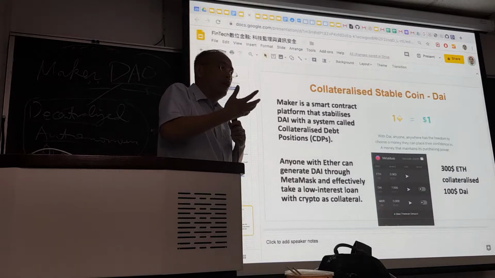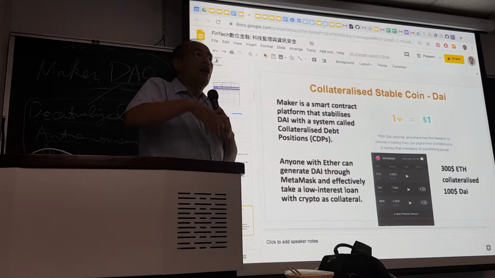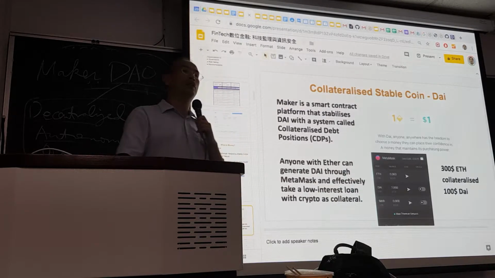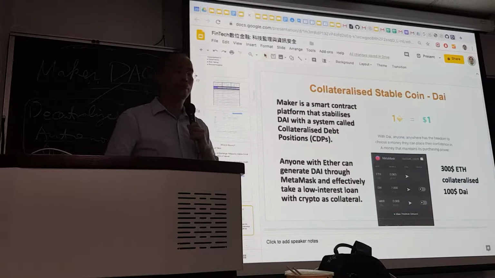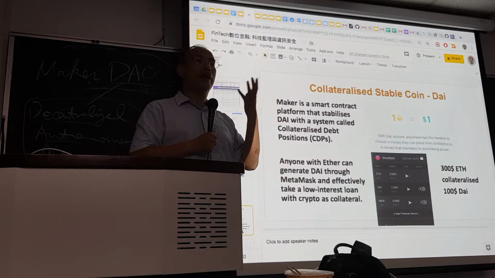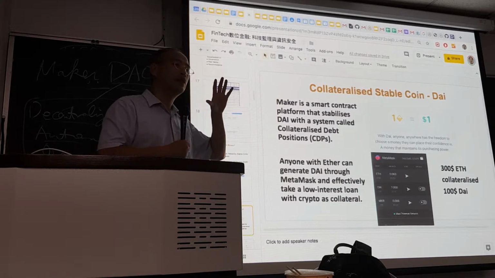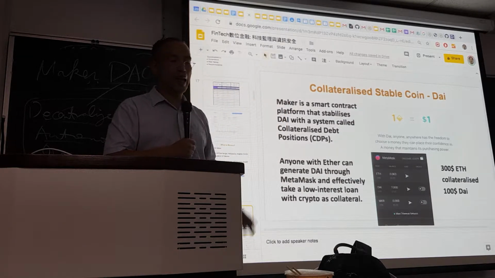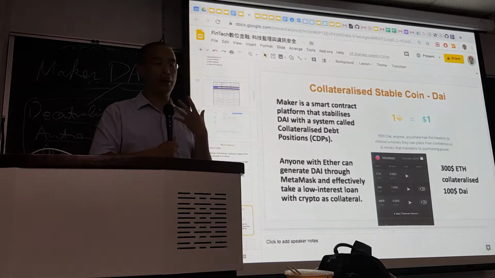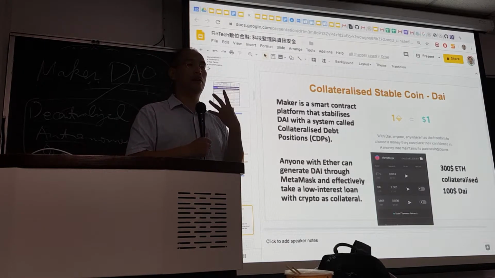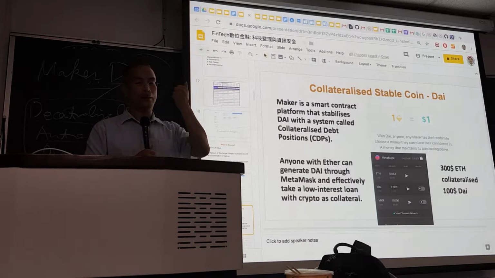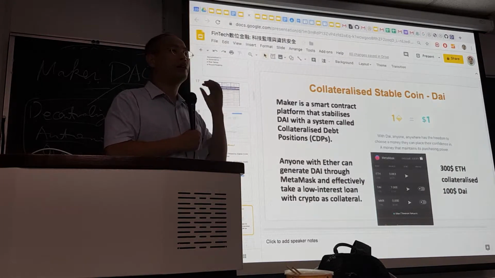So when I put in 10 ethers as collateral, I roughly put in 100,000 Taiwan dollars, and then I can get a loan of, say, 60%. So I put in 100,000 Taiwan dollars worth of ethers, and I get back 60,000.